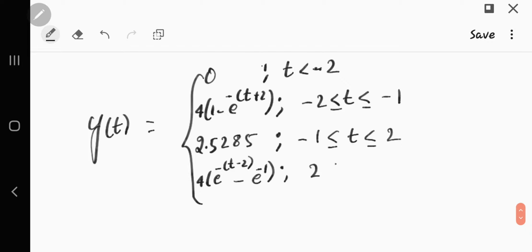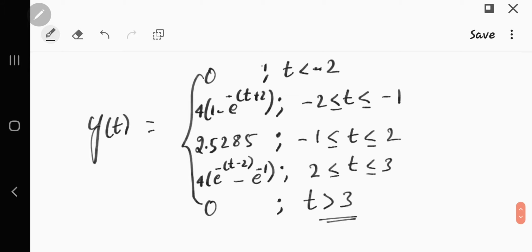So this is for t greater than or equal to 2 and less than 3. And finally, y of t will become 0 for values of t greater than 3. So this is the final answer for y of t. We have summarized for all the limits.